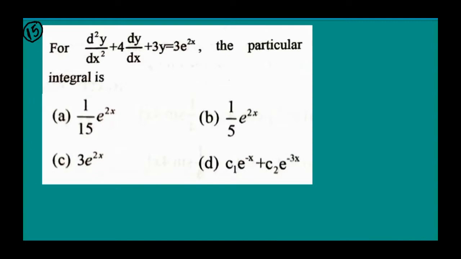Next question, for d square y by dx square plus 4 dy by dx plus 3y is equal to 3 e to the power 2x, the particular integral. So we have completed the methods and now we are coming to the particular integral. What are the particular integrals for this one?